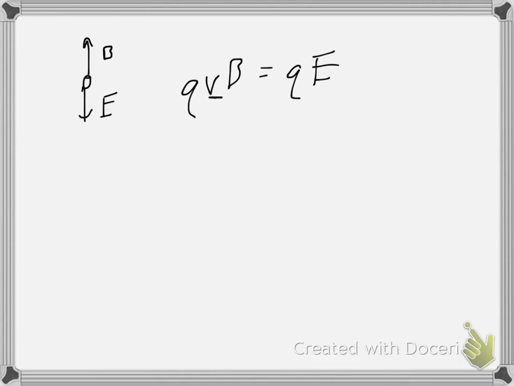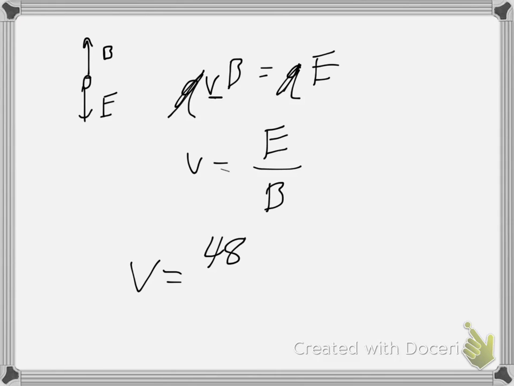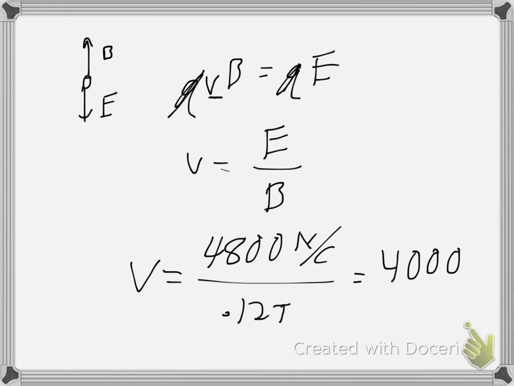Both of these have a Q, which is the same, so you can cancel it out. Your velocity ends up becoming your electric field divided by your magnetic field. Your electric field is given as 4,800 newtons per coulomb, and your magnetic field is given as 0.12 Tesla, and 4,800 divided by 0.12 is going to be 40,000 meters per second.